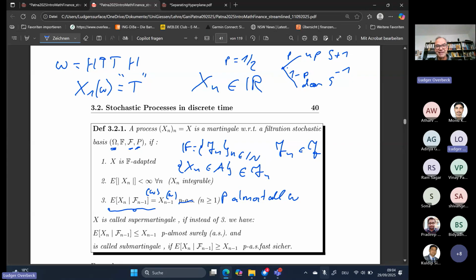But we will see this example later, the proper binomial tree, which gives you a martingale.